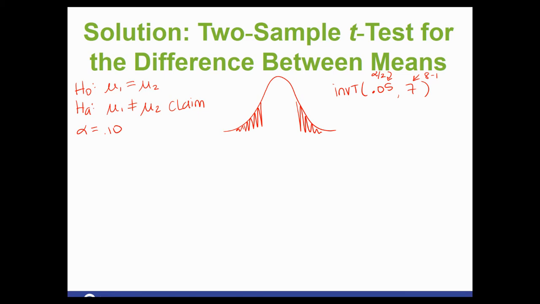So inverse T, we have our area and our degrees of freedom. We have two tails, so we want plus or minus, and we're going to round it off to 4 decimals. So 1.8946. Again, positive and negative on our sketch. Shaded areas mean to reject. We get somewhere in the middle, it is fail to reject.